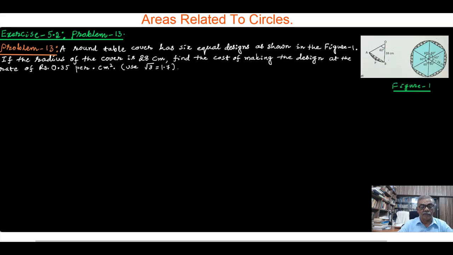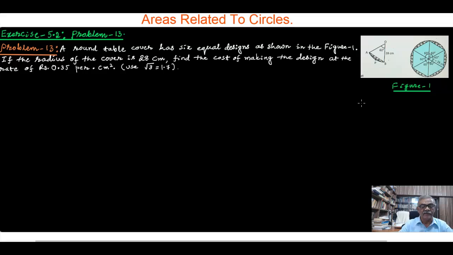Find this cost. For that, we have to find out the area of designs. Now we can see the problem. As I have already told, we have to find out the designs of a round table cover with 6 equal designs, and the cost is given per square centimeter, that is 35 paise.